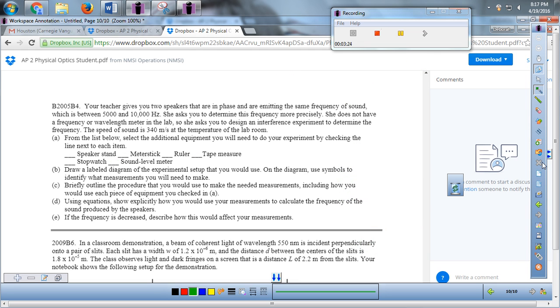Alright, then it says, using equations, show explicitly how you would use your measurements to calculate the frequency of the sound. Alright, so then I said, well, m lambda is equal to D Y over L. So I would go for the first one.